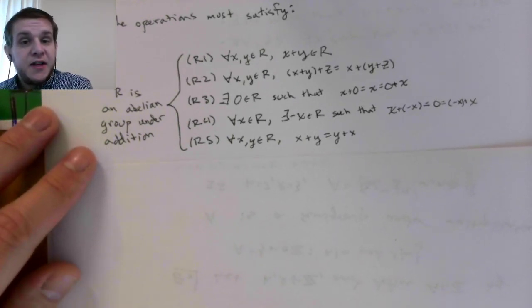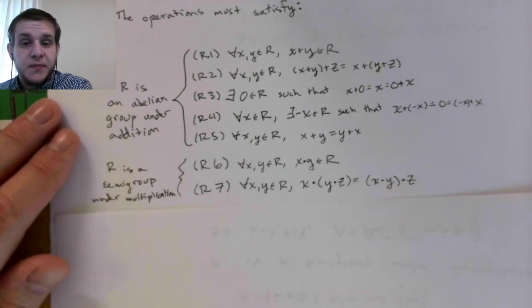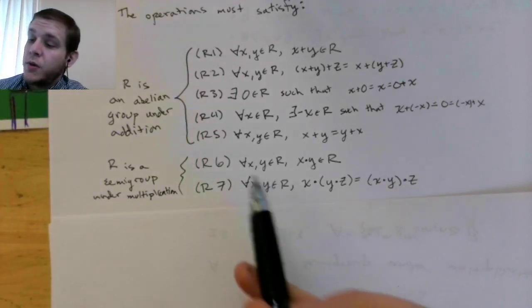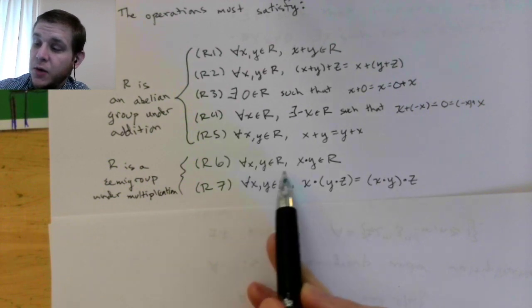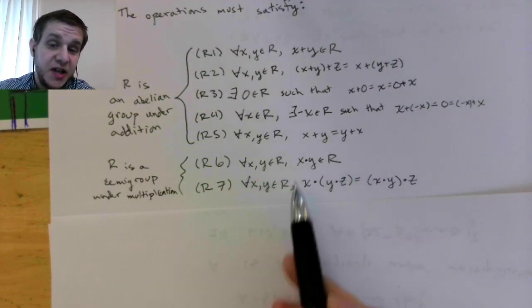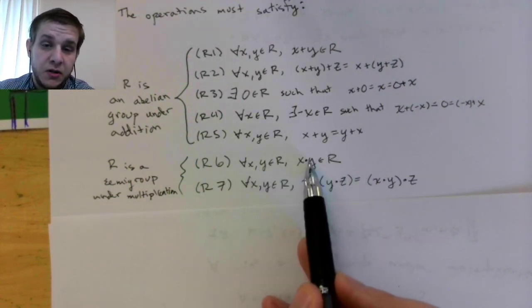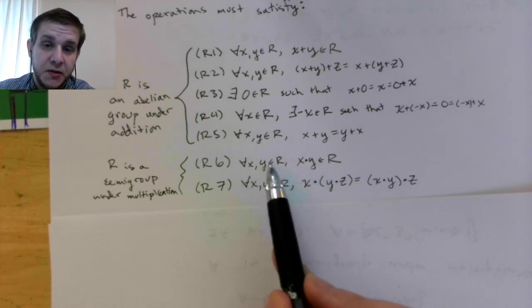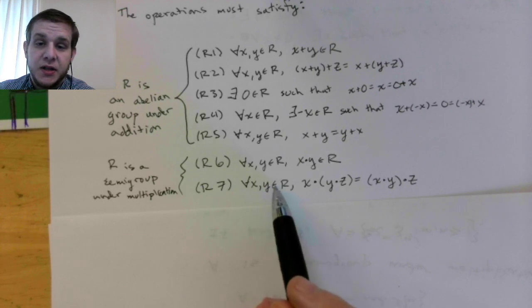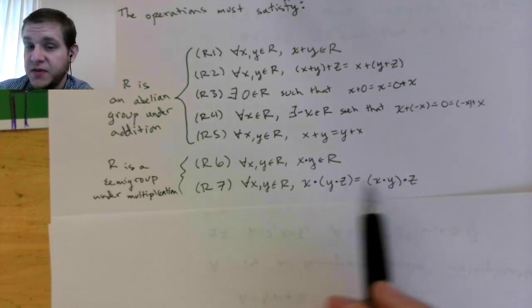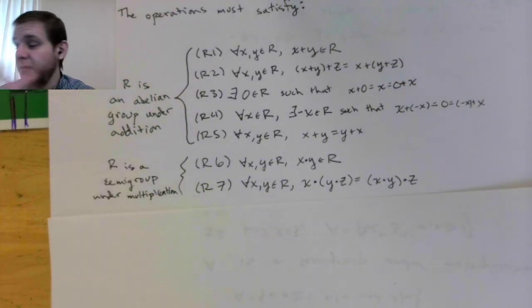Okay. So we can add things in R, but we can also multiply them. So I have R6 and R7. So what do these conditions say? Well, again, this is saying it's a semigroup, right? It's the closure under multiplication. If I multiply two things in R, I get something in R. And it still satisfies the associativity property, which is very important.